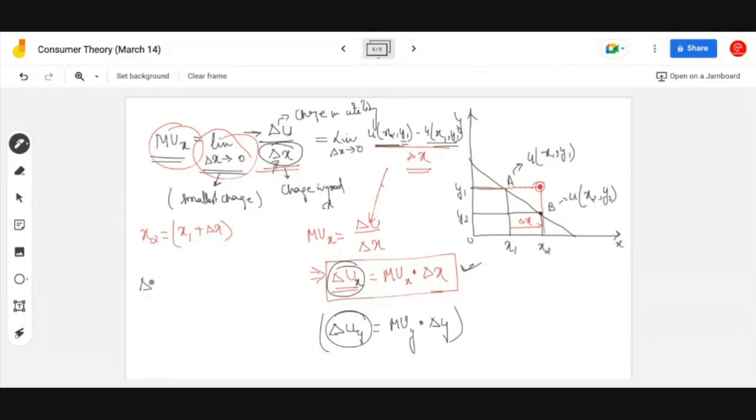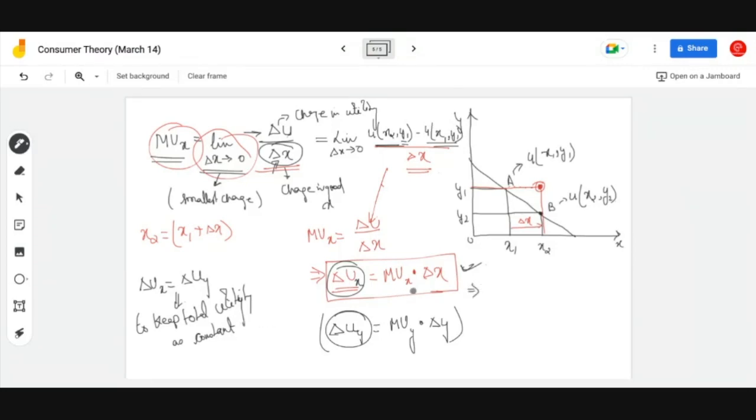We know that delta U due to X must be equal to delta U due to Y. Why? To keep total utility constant. Yes or no?